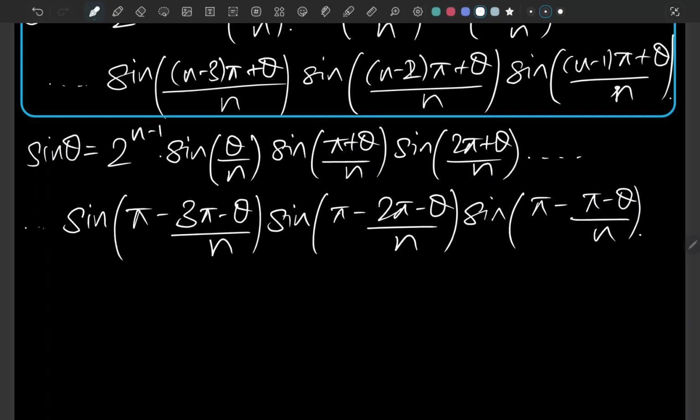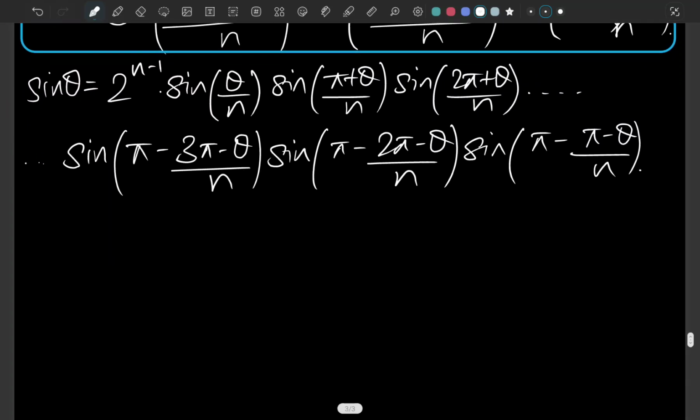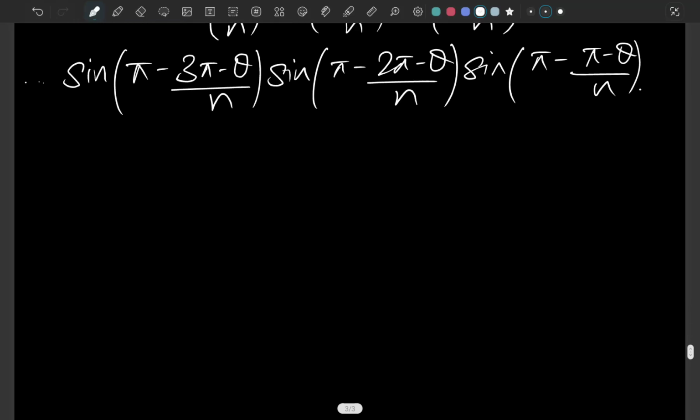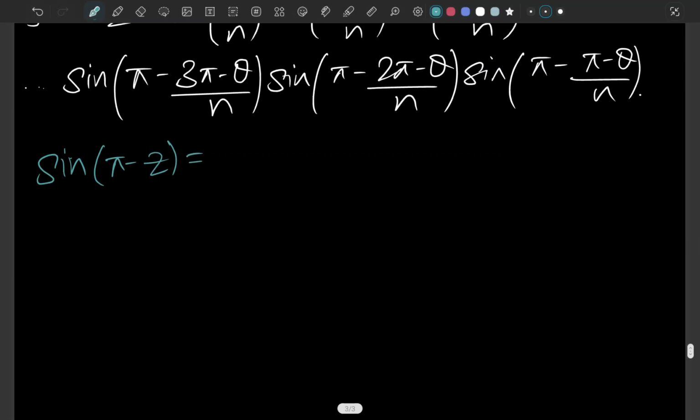Okay, and now next, let's consider doing a little bit of something here. If we talk about sine of pi minus z, I have proved these kinds of relations in that video that I recommended you to watch first. So if you have watched, that's great. From there we can say it's sine pi cos z minus sine z cos pi.